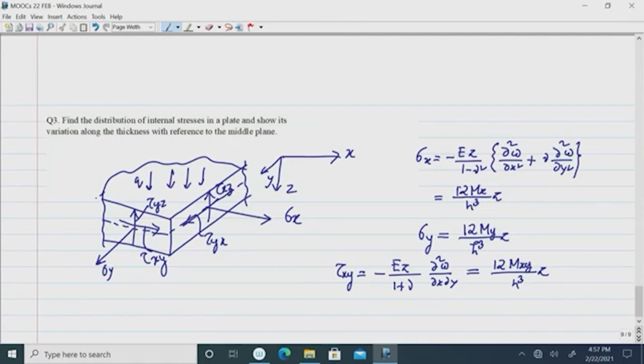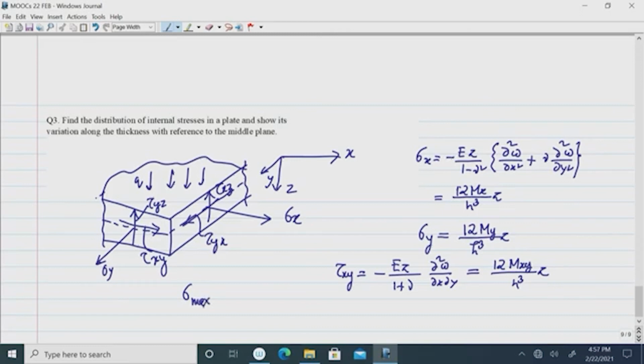You can see here that all three stresses that we assumed for the thin plate problem vary linearly along the thickness. So, the maximum will be when z is equal to plus or minus h by 2. So, the maximum value can be found out, sigma max is equal to 6 m max by h square.